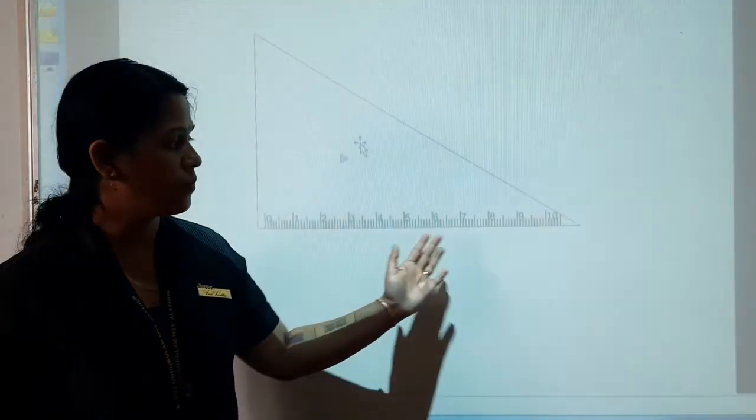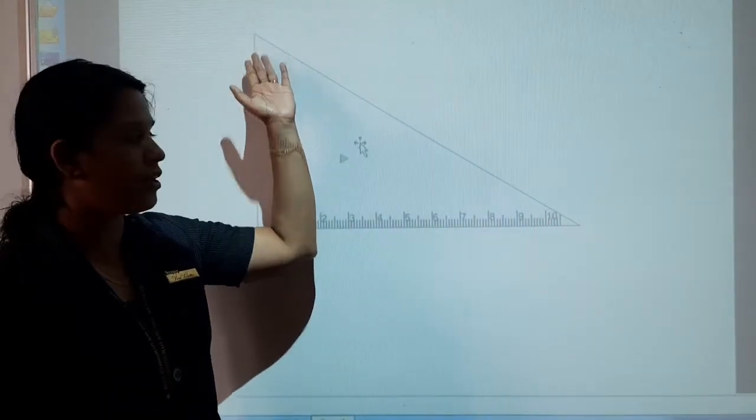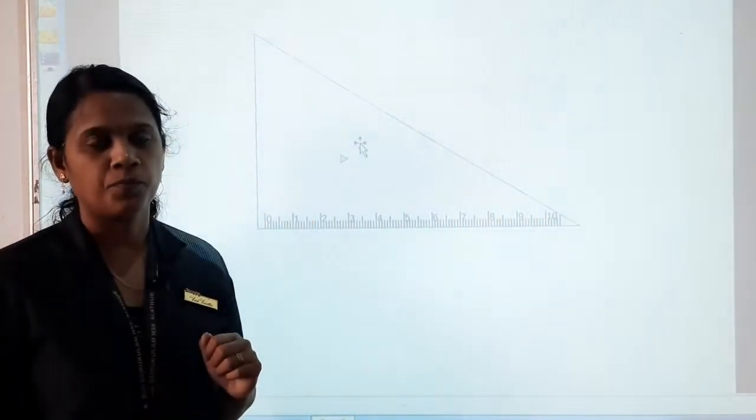Okay children, our topic is joining angles. We can draw angles using set squares. Here is the set square with 30 degree, 60 degree, 90 degree. Now we can draw joining angles with measure 90 degree and 30 degree.